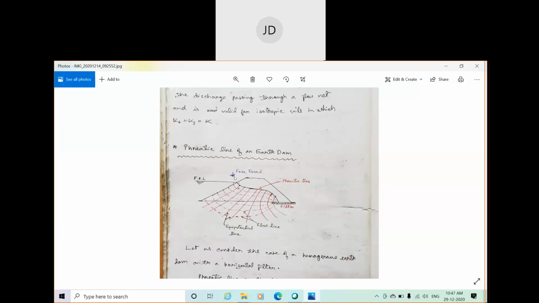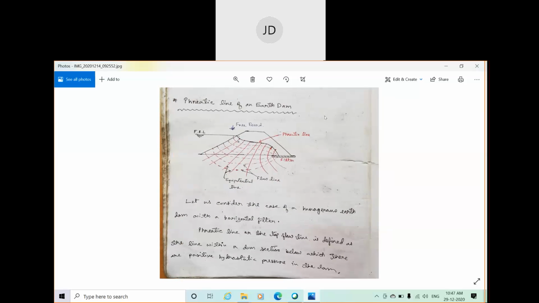And the top flow line, this is the top flow line, right? Above this there is no flow. This is the maximum streamline, you can say. This top flow line is known as the phreatic line. Here its definition is given. The phreatic line or top flow line is defined as the line within a dam section below which positive hydrostatic pressure exists in a dam.